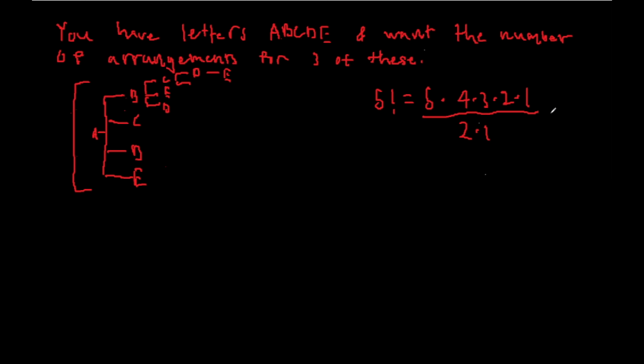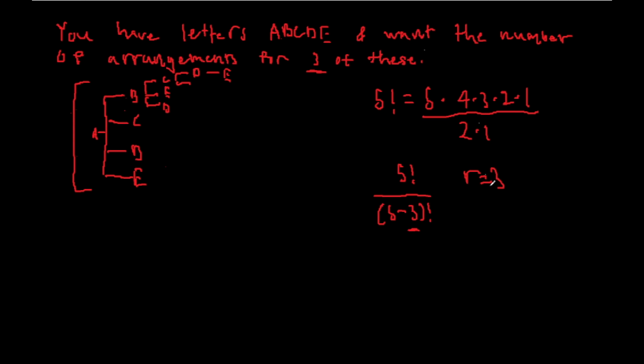This 5 times 4 times 3 times 2 times 1 over 2 times 1 is 5 times 4 times 3, but it's also 5 factorial over 5 minus 3 factorial. Notice how we have the 3 here and the 3 there. That's because we have a value r equals 3.